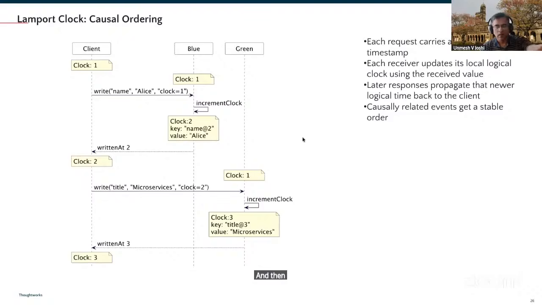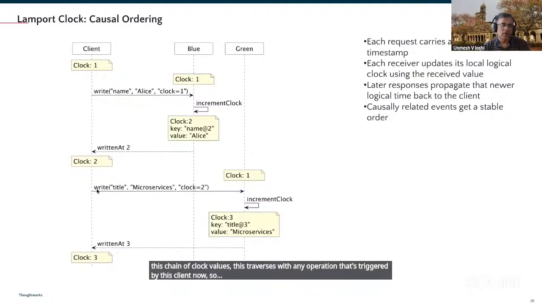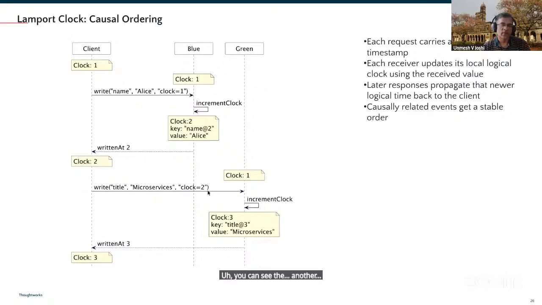And then this chain of clock values traverses with any operation that's triggered by this client. So you can see another write happening with the server green. This write now has clock value 2 sent with it. With the Lamport clock rule, this green will have its clock value incremented to 3, and this title is stored at 3.